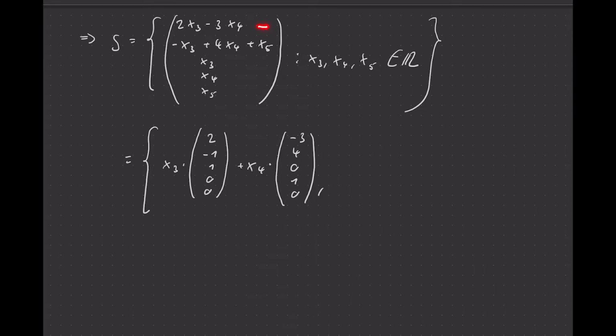There's no x5 in the first row. 1 here, no x5s here, and 1 here. So we get x5 times 0, 1, 0, 0, and 1.